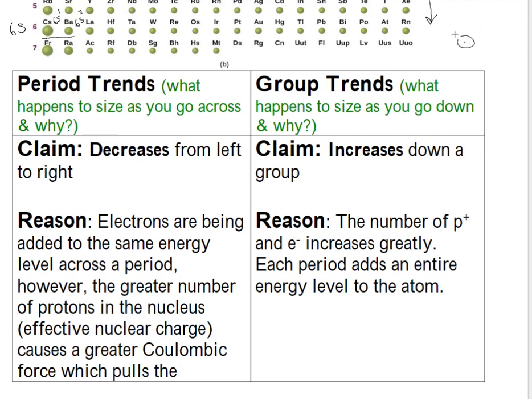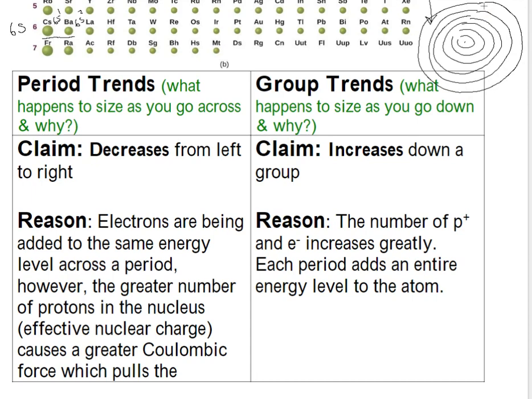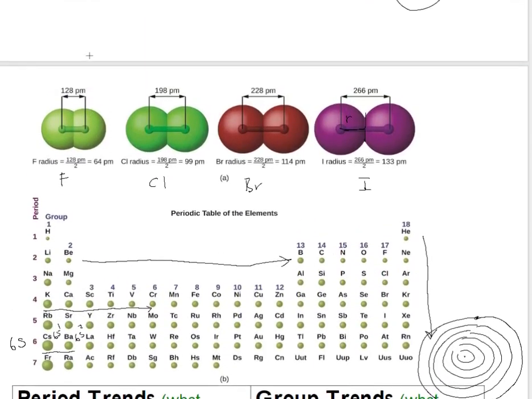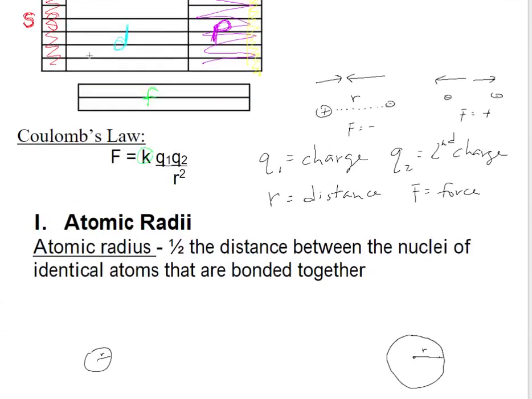If I were to draw the atom with its 6 energy levels, 5 and 6, I should have picked a smaller atom, having 1 electron out here and having 2 electrons out here does not really affect the size. So what's affecting the size is the charge. With the greater charge, if I add just 1 more proton and just 1 more electron, they are more attracted to each other because of this equation up here, Coulomb's law.